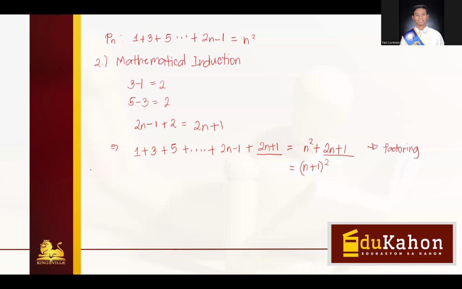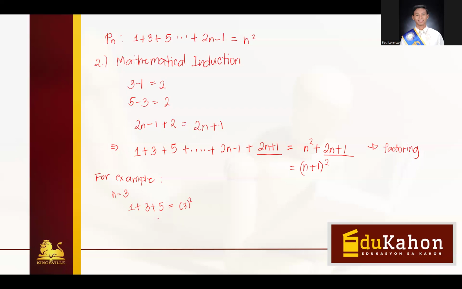Now, let's have an example. Let's just make it simpler. For example, if n is equal to 3, you have 1 plus 3 plus 5, right? So this is equal to 3 squared because this is already n squared.